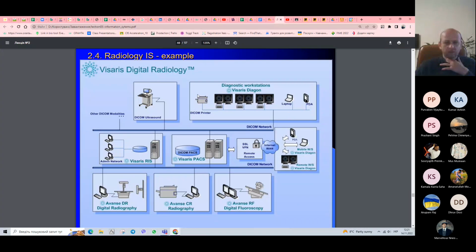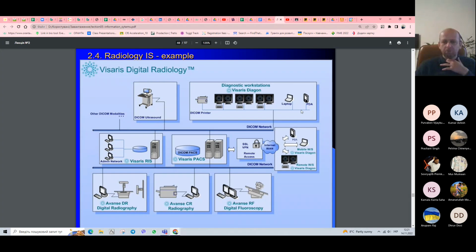Here an ultrasound machine is present, and different printers are present. There is a network which provides access to the necessary users, and there can be formats for storage and for compressing information, a secure data network, and also different equipment used for digital fluorography, radiography, digital radiography, computer tomography.